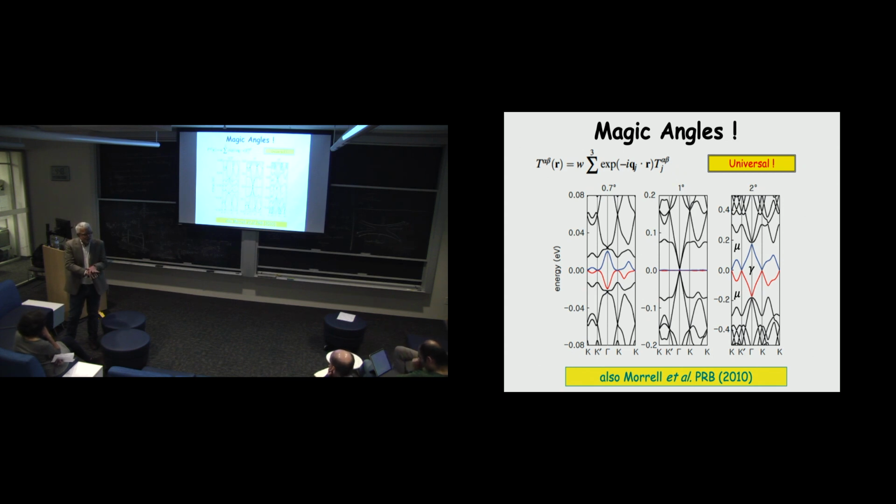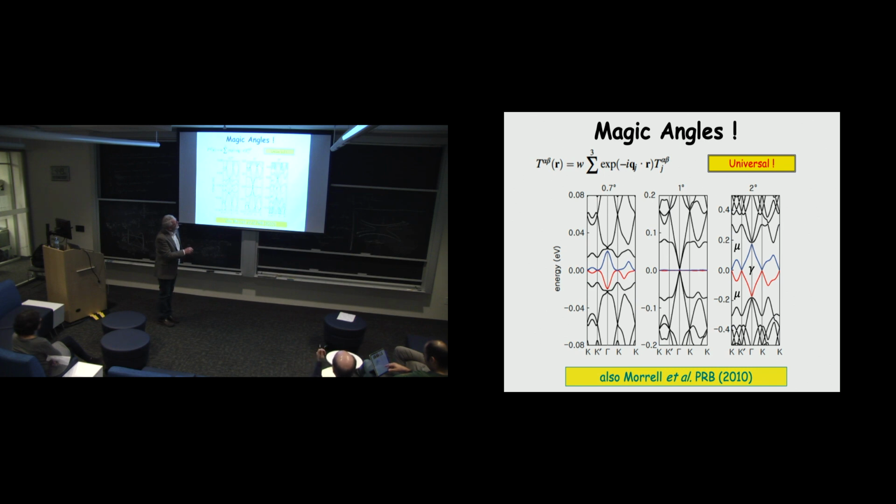When you go to small twists, they start to become coupled. In this picture, they're starting to become pretty strongly coupled at 2 degrees. There's a Dirac cone in one layer that has an avoided crossing with the Dirac cone in the other layer, somewhere centered around this point in momentum space.